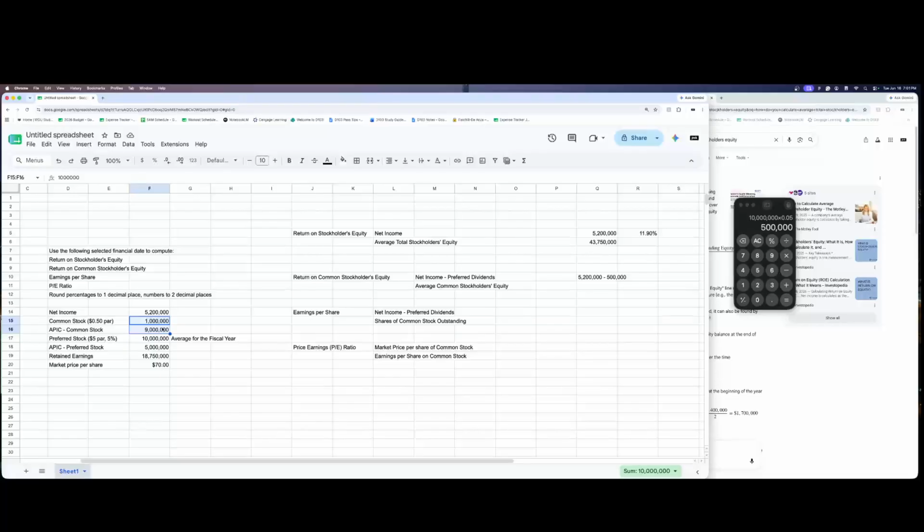Okay. So retained earnings, but not including preferred stock. So that means that average common stockholder equity is going to be 28,750,000.